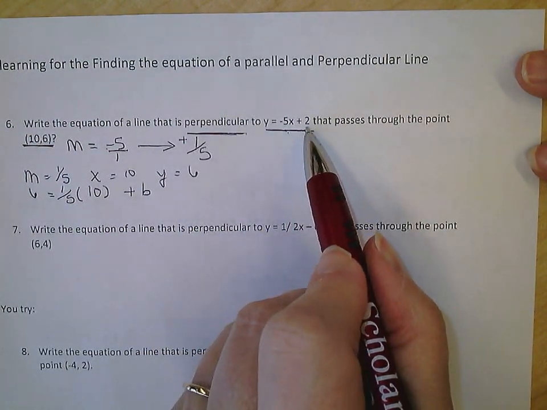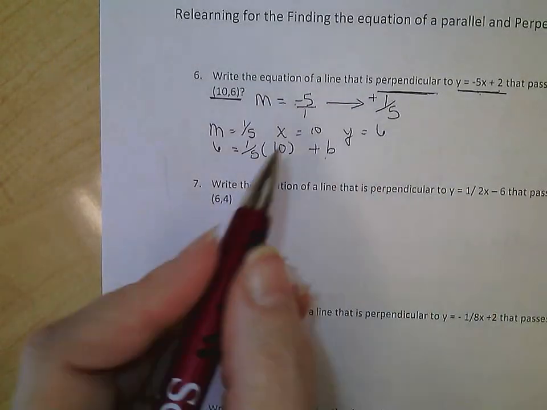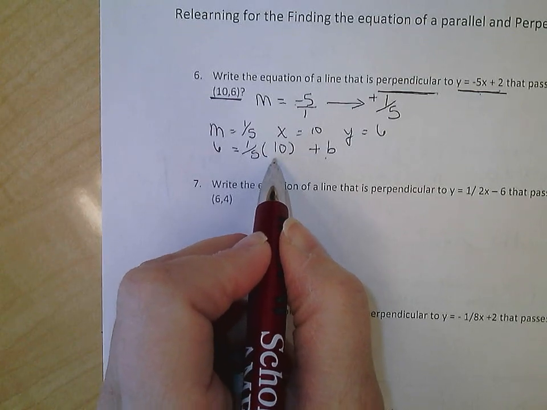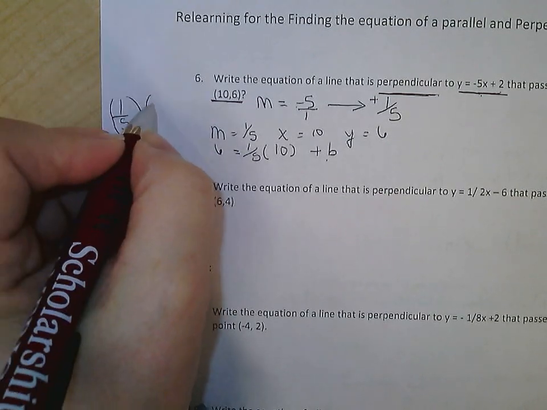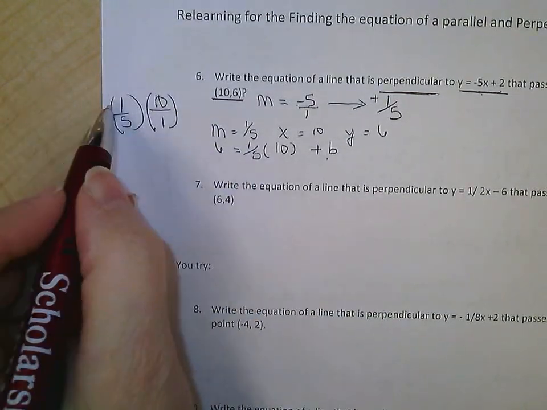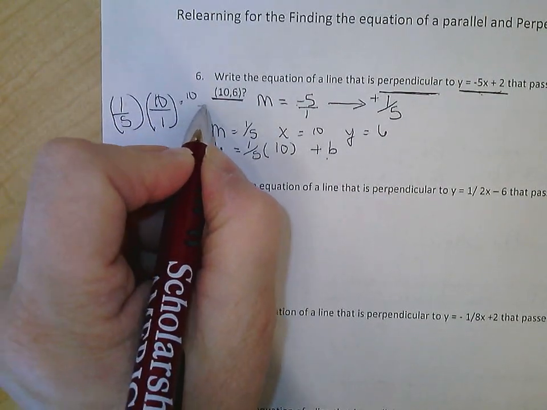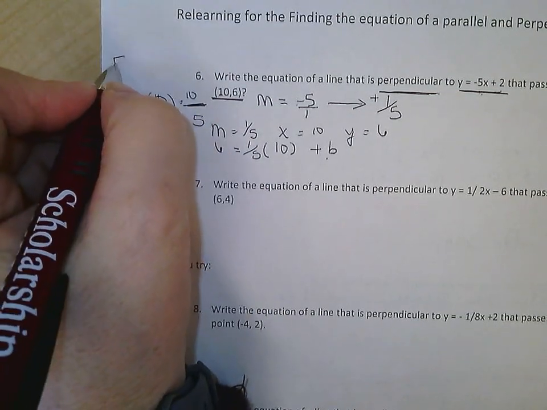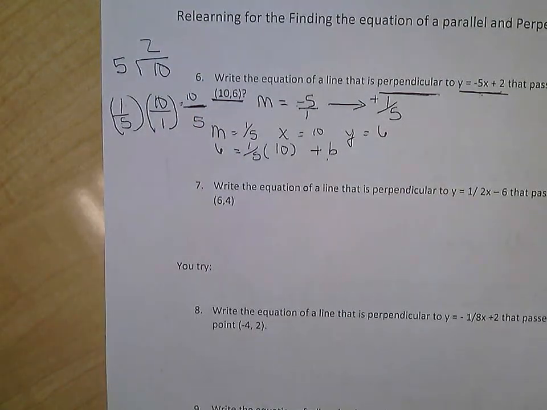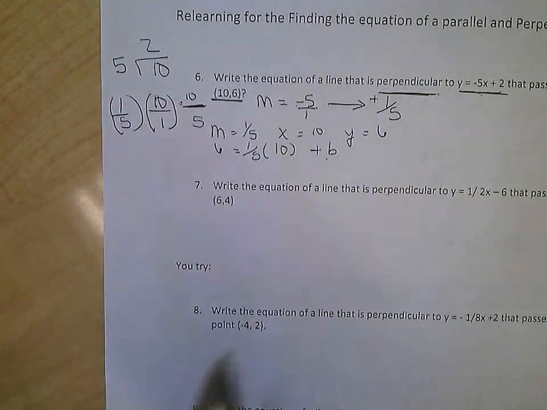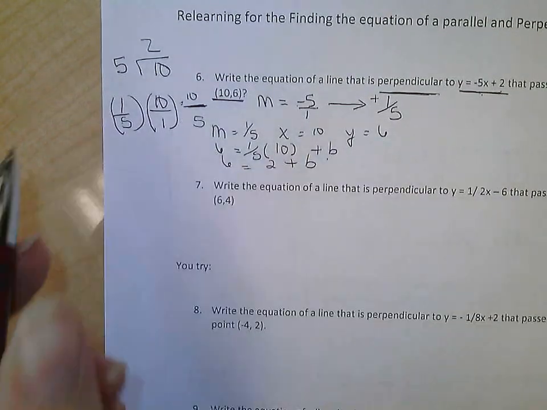Again, not -2 plus b. So I'm going to go off to the side and take a look at this part right here, because sometimes that's tricky for people. 1 over 5 is a fraction. Multiplying by another fraction, 10 over 1: 1 times 10 is 10, 5 times 1 is 5, and 5 divided into 10 goes 2 times. 6 equals 2 plus b.